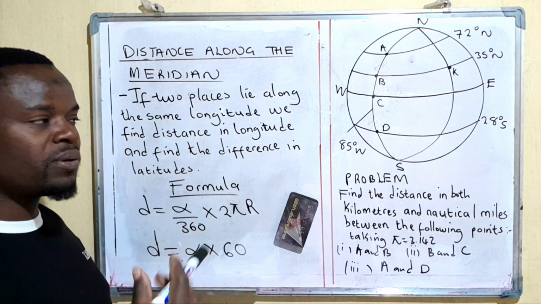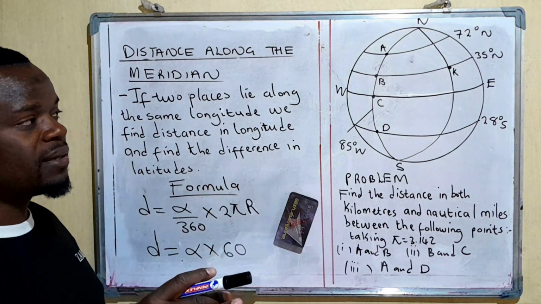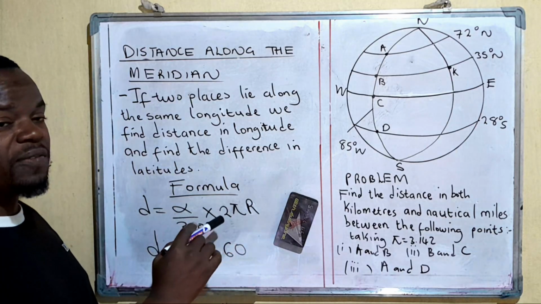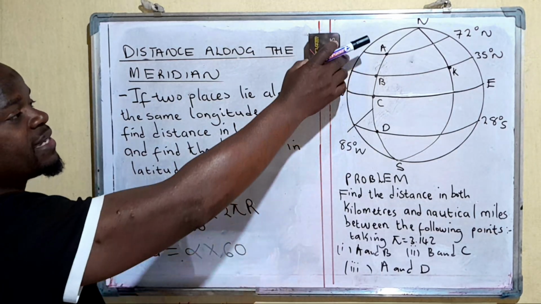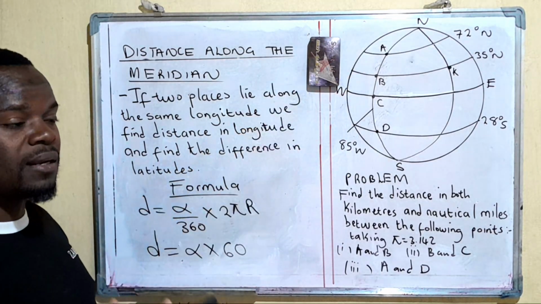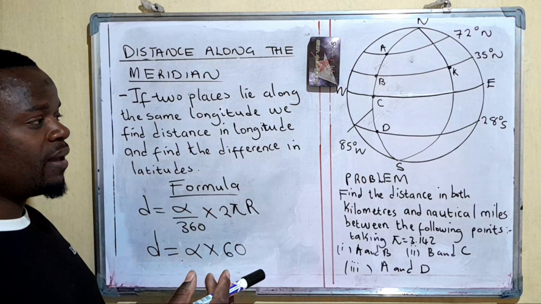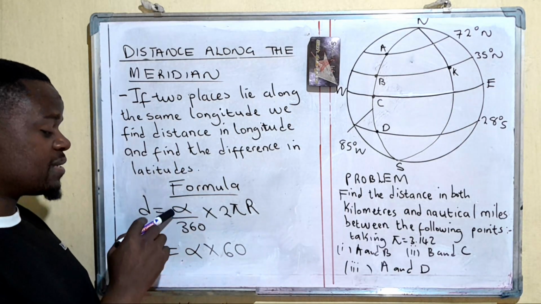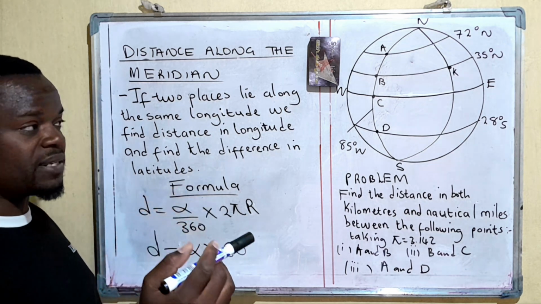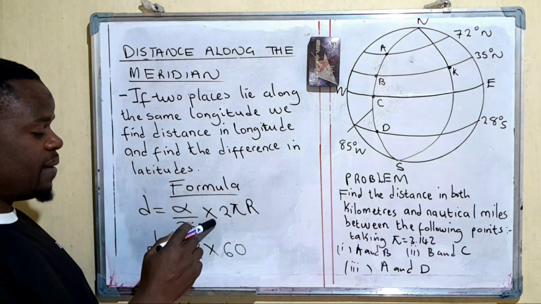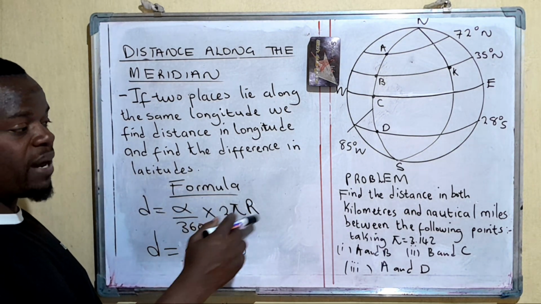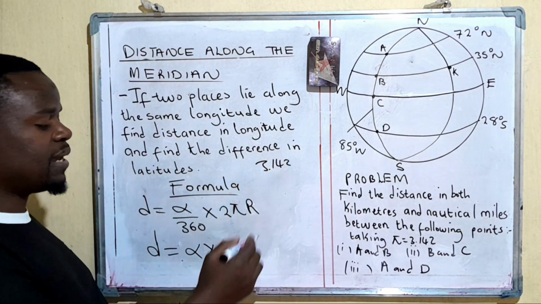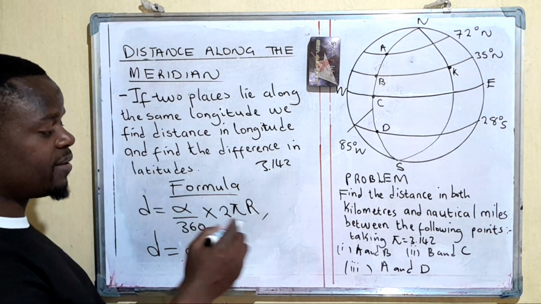The second important thing that you need to know is the formula that we apply to find distance. So this is the formula. If you're asked to find the distance along a longitude, in kilometers, we apply the first formula, where this symbol denotes the difference in latitudes, then 2 pi, pi is always 3.142, and then the radius of the Earth.